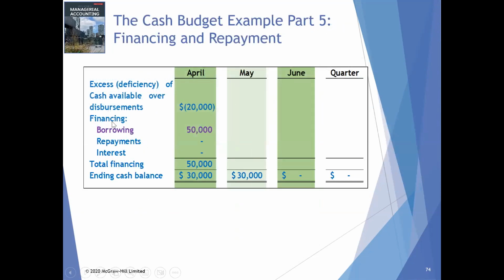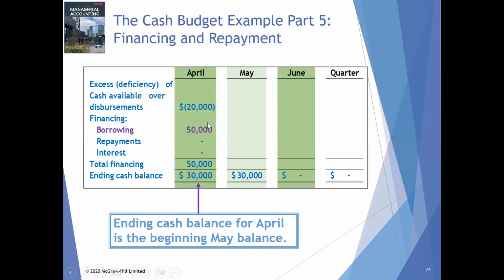Let's see. Financing $50,000, the company will borrow, and then $20,000 will be paid to cover the negative balance, and $30,000 will be the total ending cash balance every month. So in the April month, $30,000 will be the closing balance.